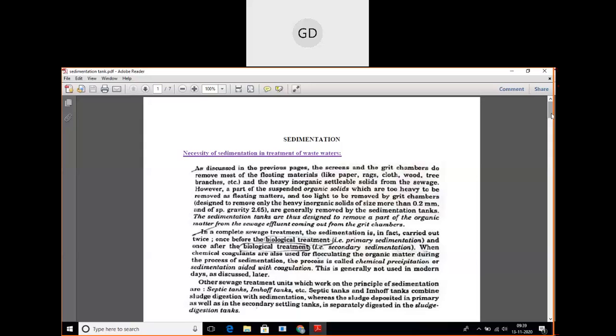So why is sedimentation done? Because the materials that are neither very heavy nor do they float in the screening process, those cannot be trapped. So all those suspended materials are separated in the sedimentation process.